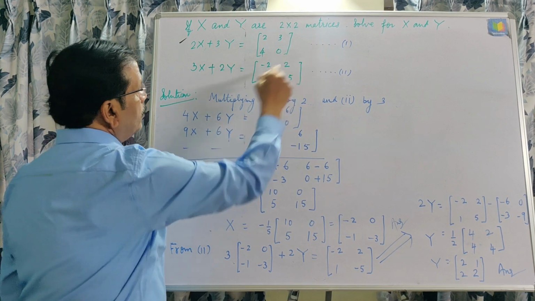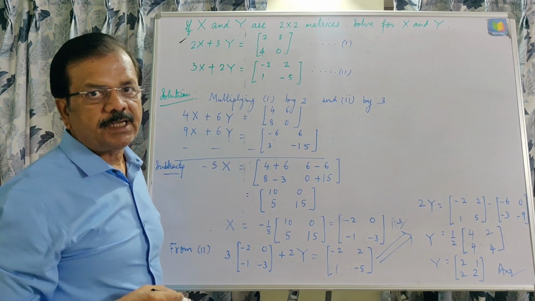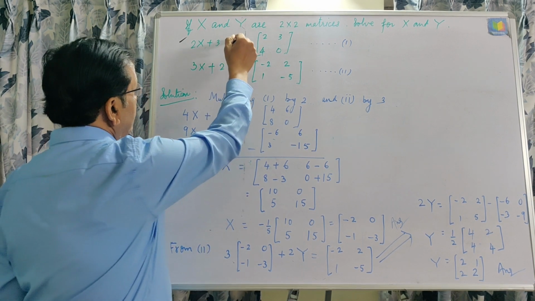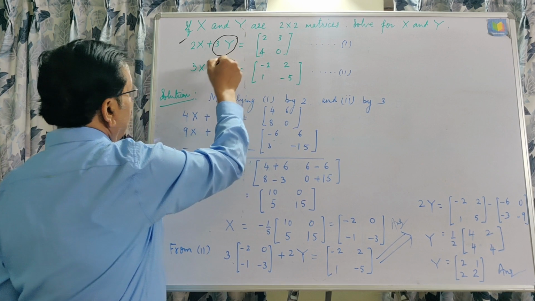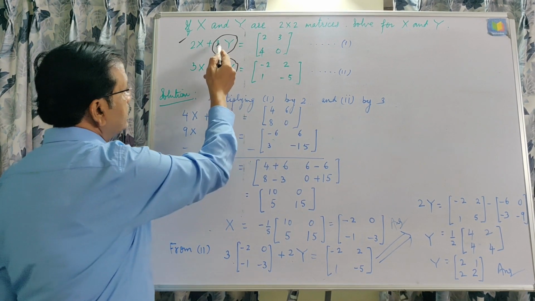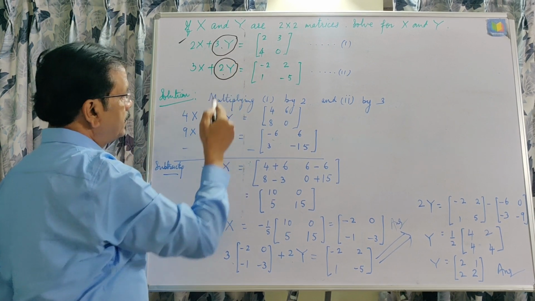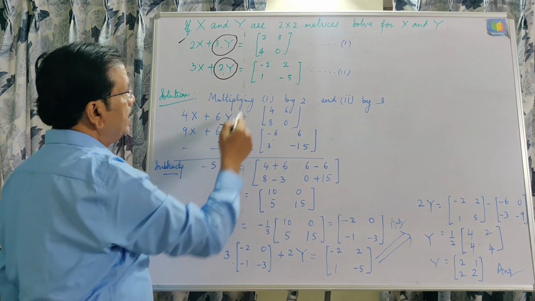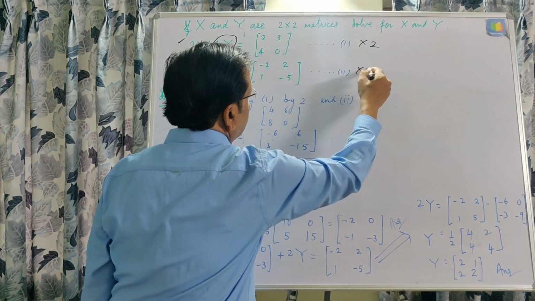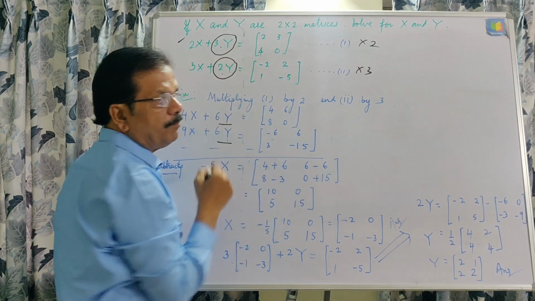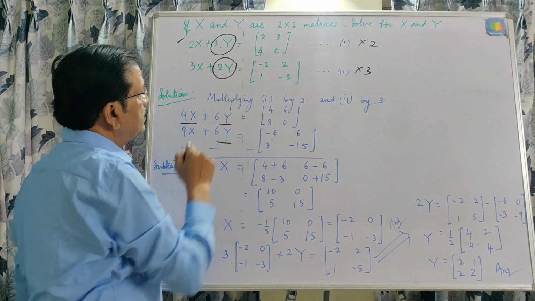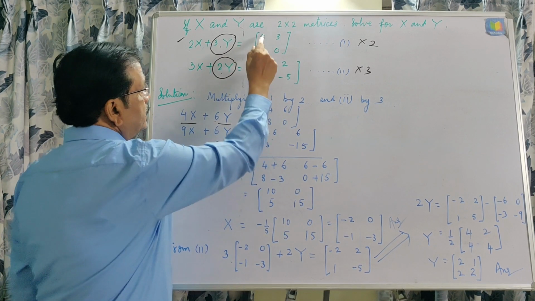We have to find out the value of capital X and capital Y, and just for cancelling Y, we should multiply as we were multiplying in lower classes, this by 2 and this by 3, that is 6Y, 6Y. If we multiply this by 2 and this by 3, then each term will be multiplied. That is 2 multiplied by 2, 4X, 2 multiplied by 3, 6Y, and this is 2.